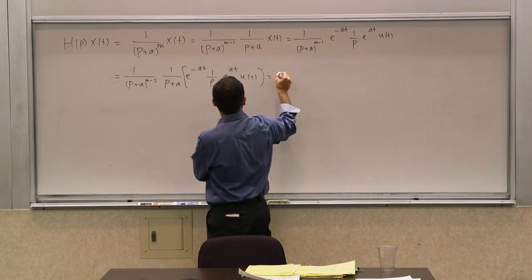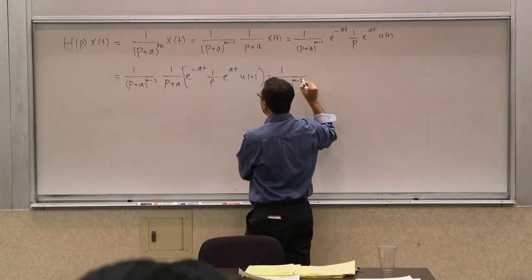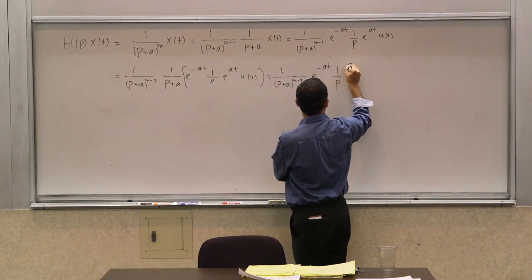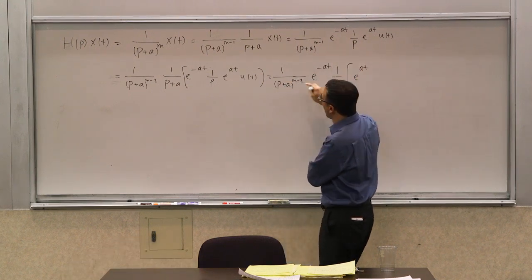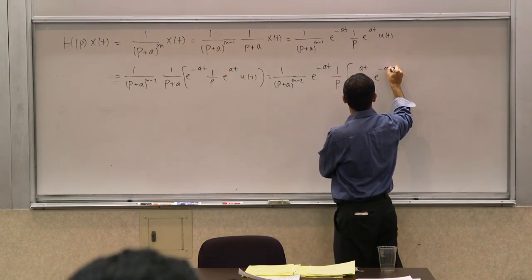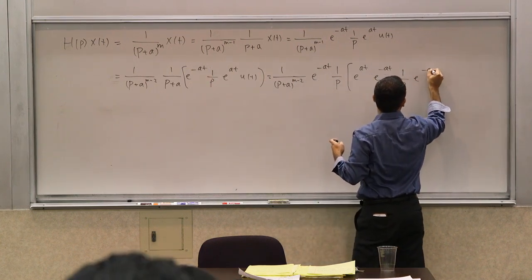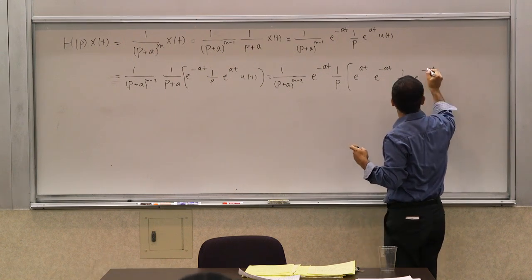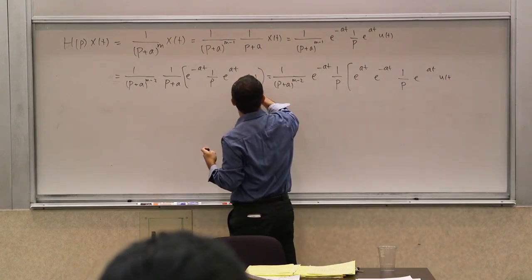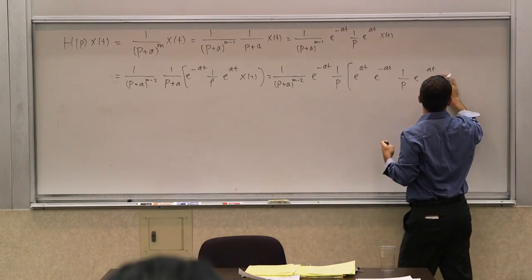Well, let's expand it. I get e to the negative at, 1 over p, e to the at, times this. But when I multiply it, I get e to the negative at from here, 1 over p, e to the positive at, x of t, not u of t. These are all x of t, so this is general, not just for u of t.